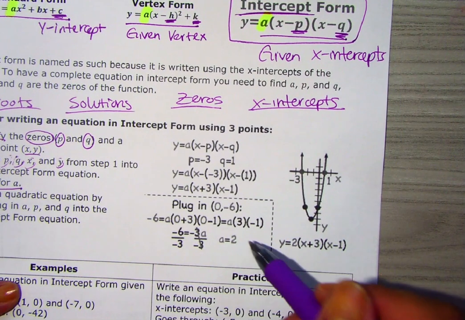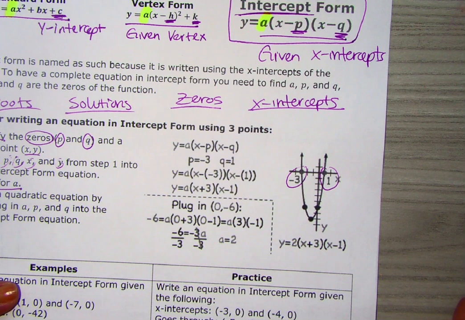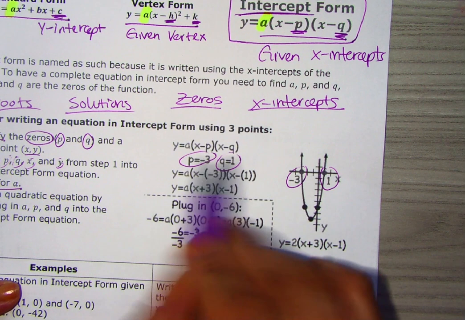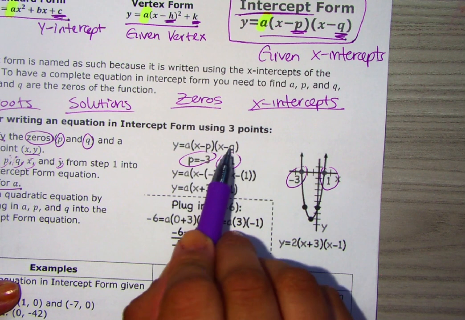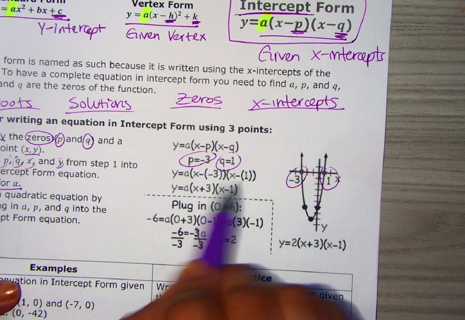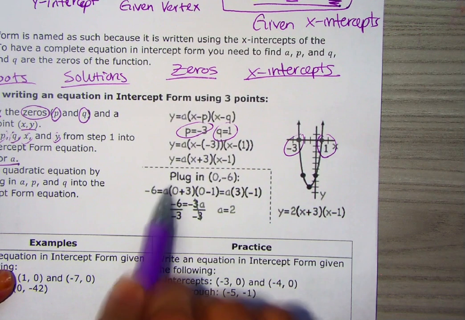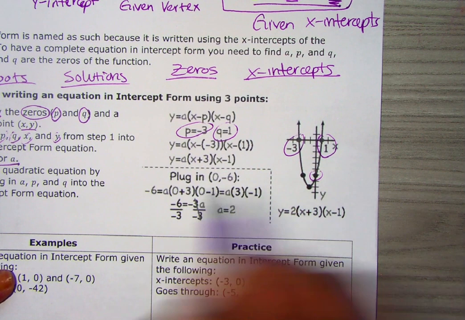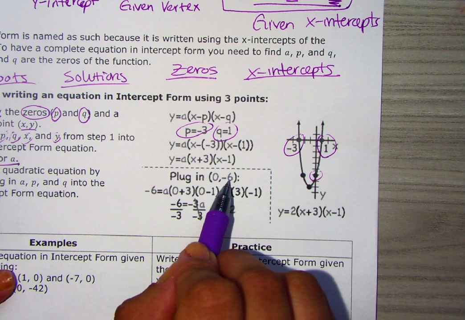So here's an example. You have a graph. These are your intercepts. So that is your p and your q. This is the template. So you're going to substitute that for p and that for q. So this is what it looks like. And then after that, you're going to look for another point. Here they use the point (0, -6), which is the y-intercept. And they plugged in the 0 for x and the -6 for y.